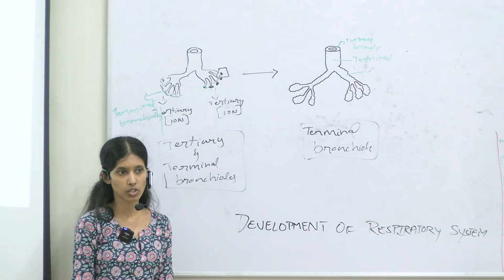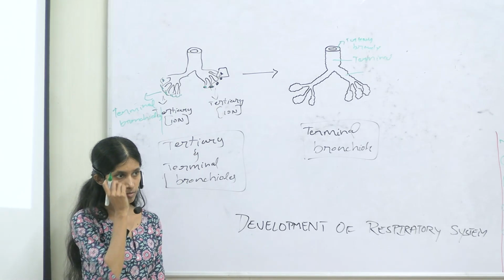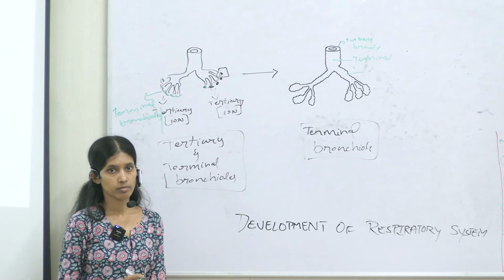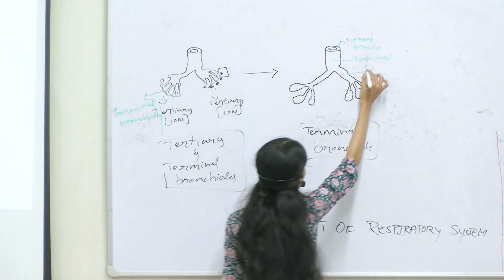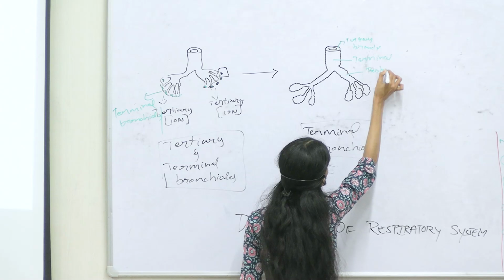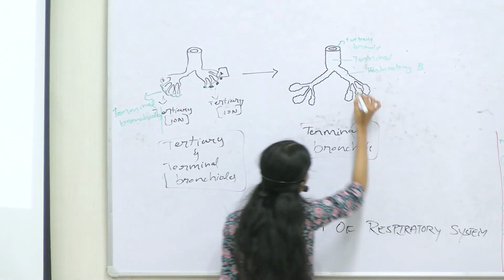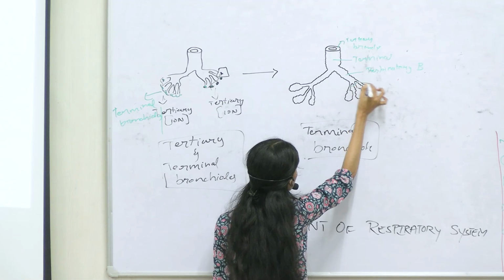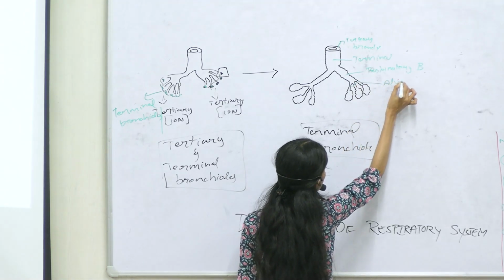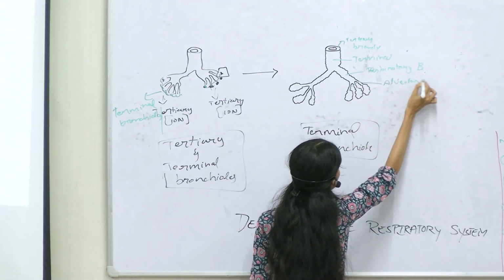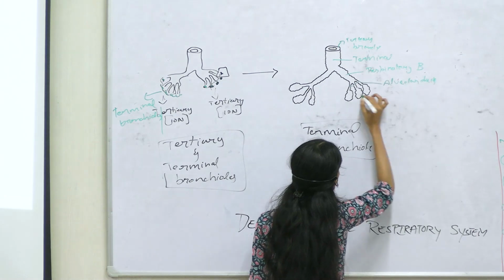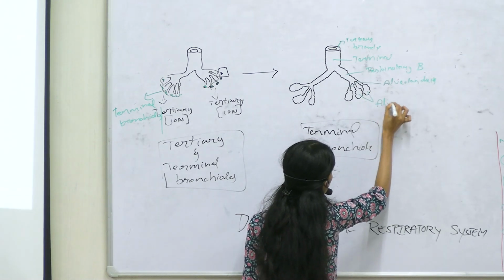In between, any structures are there? We have respiratory bronchioles. Then followed by alveolar ducts. Then we have alveoli.